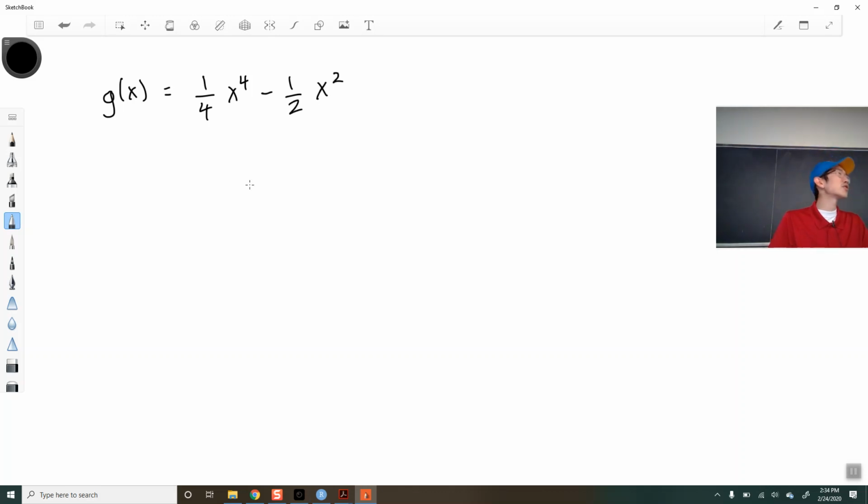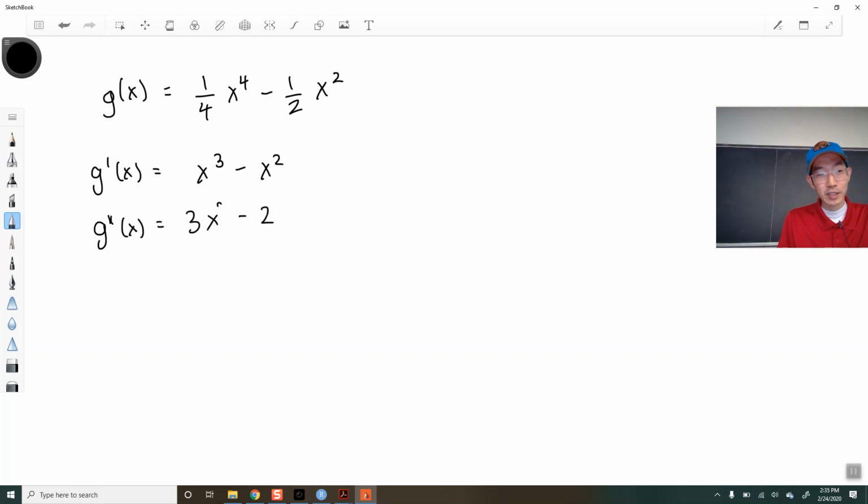So this is super easy, right? If we had to, g prime of x would be, we take the 4 and we get x cubed minus, and we take the 2 and we get x squared. And then g double prime would be 3x squared minus 2x. Did I mess something up?